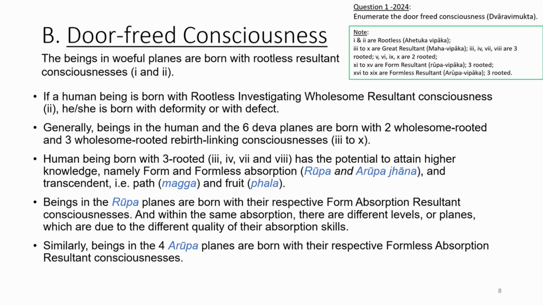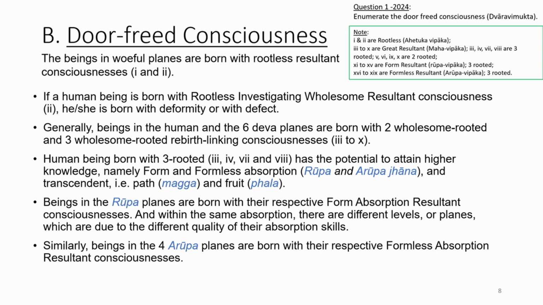Beings in the rupa planes are born with their respective form absorption resultant consciousness. And within the same absorption, if they are first rupa, then there are also different planes or different levels within the plane.